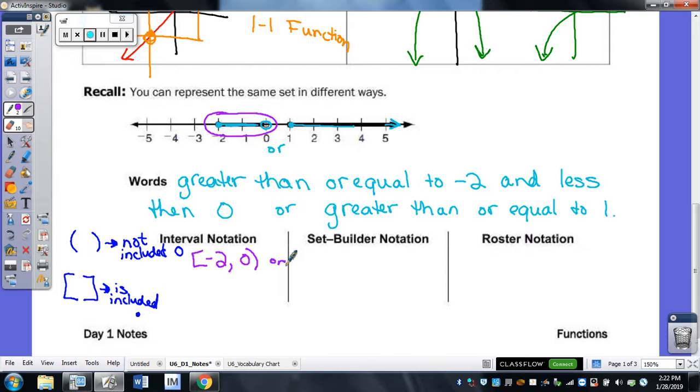Or, because we do have that second shaded part there, so or, we go from 1 to infinity, because that's got the arrow on the end. It never actually ends. It just keeps going on forever. And there's always a parenthesis on infinity, because you can't put a little definitive stopping point on infinity. It just goes on forever. So there's our interval notation. Much easier to write, I think, than writing it out in words.